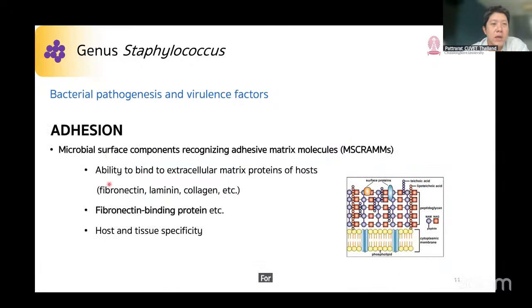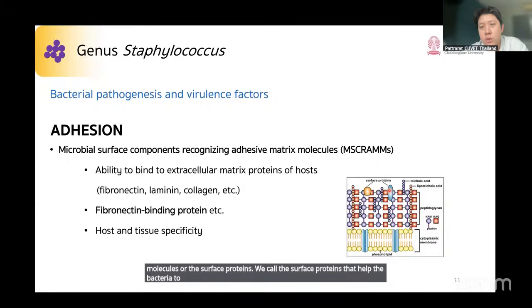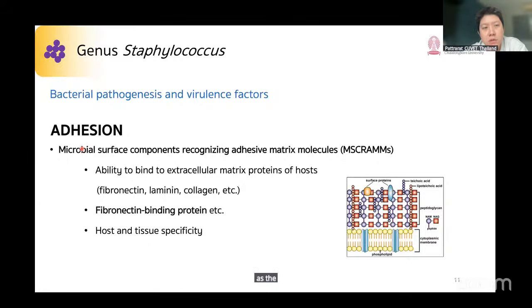For Staphylococcus, the first step is adhesion. Staphylococcus has surface proteins. We call the surface proteins that help the bacteria attach to the host the microbial surface components recognizing adhesive matrix molecules, or MSCRAMMs.